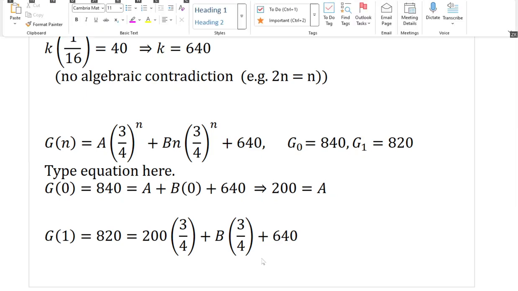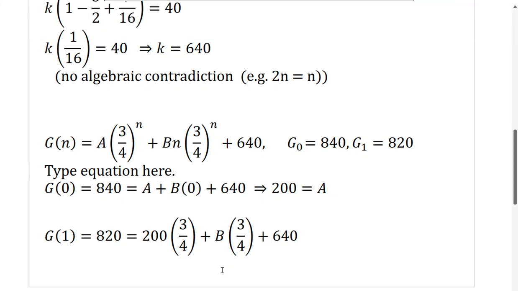So what I'm going to do is multiply everything by 4. So 280 equals 600 plus 3b plus what's 640 by 4, is 2560. Should have got that from the 64 by 4.